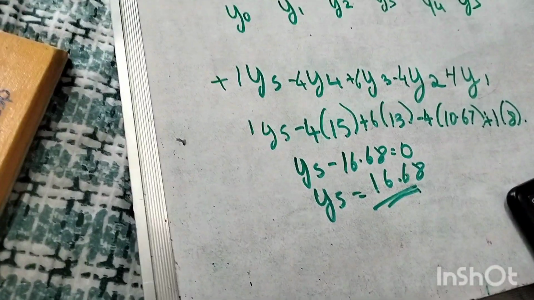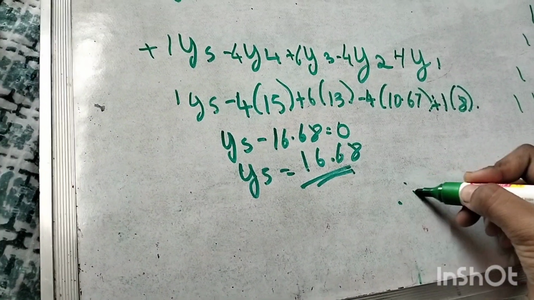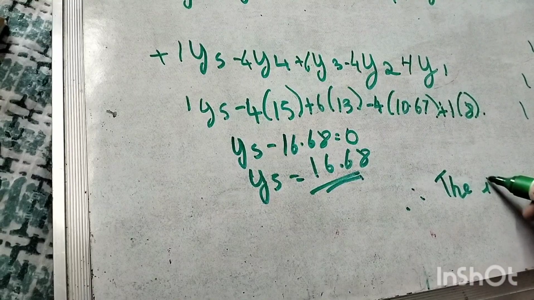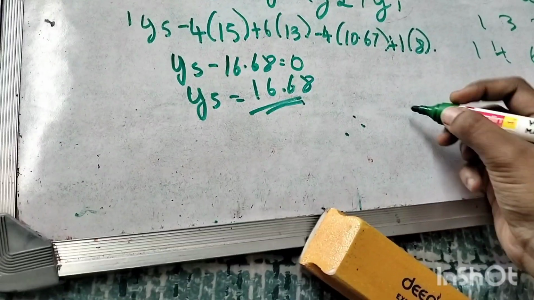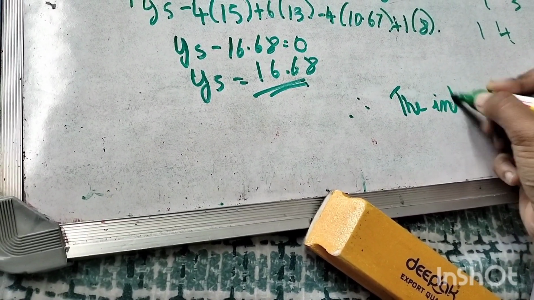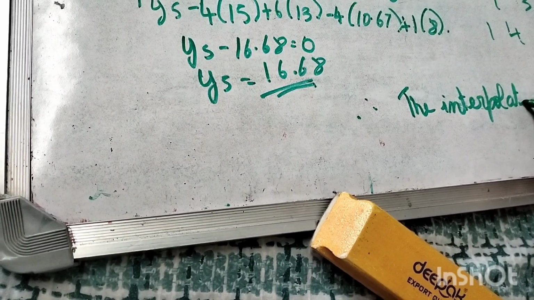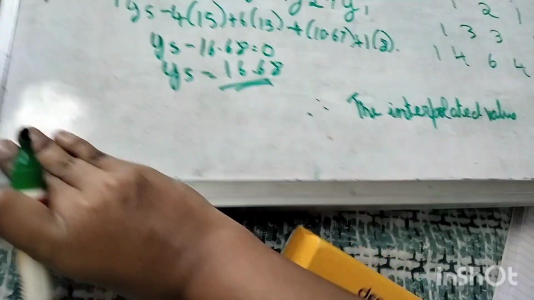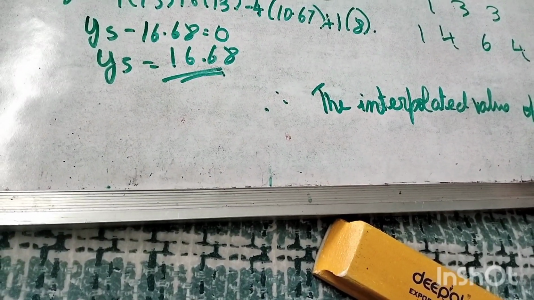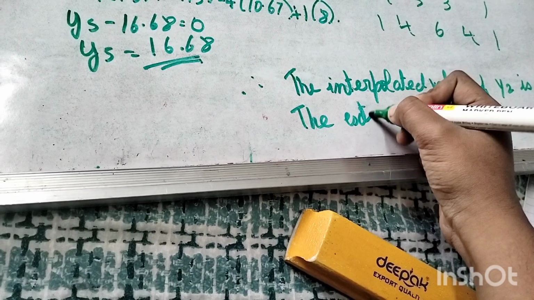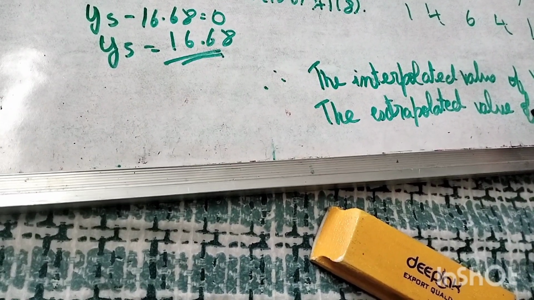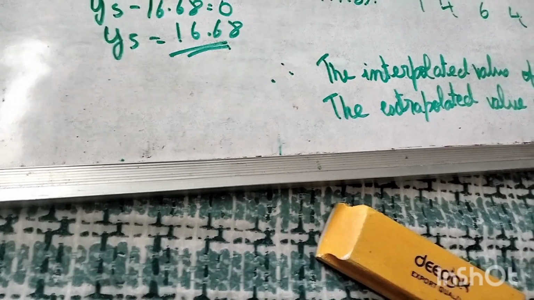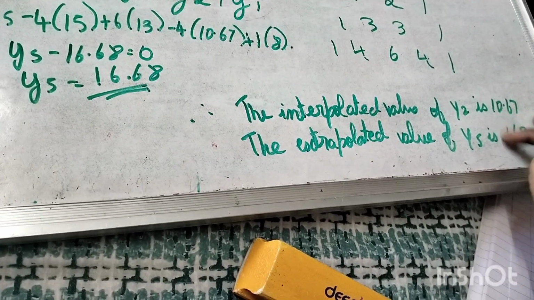Hence, therefore, you write the interpolated value of y2 is 10.67, and, ignore my handwriting, the extrapolated value of y5 is 16.68.